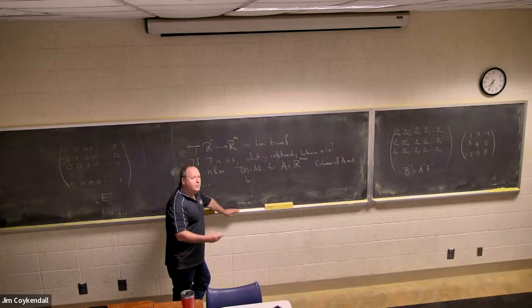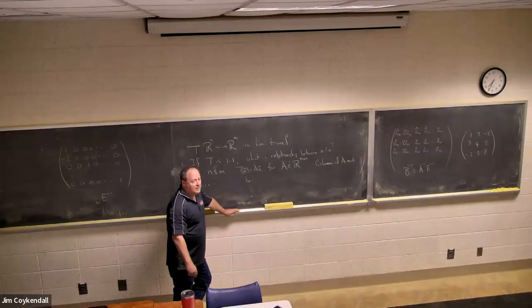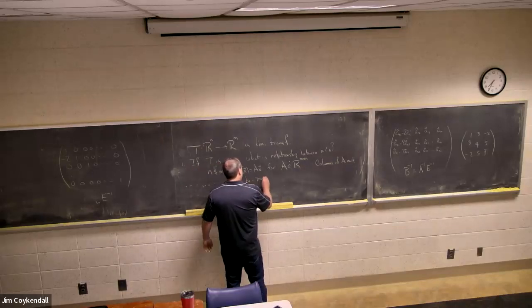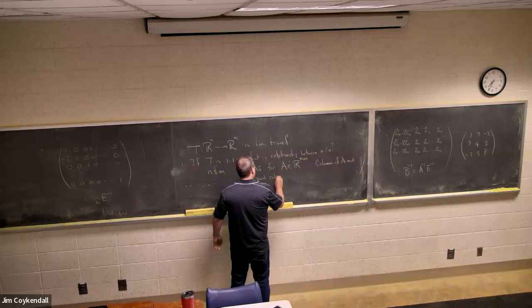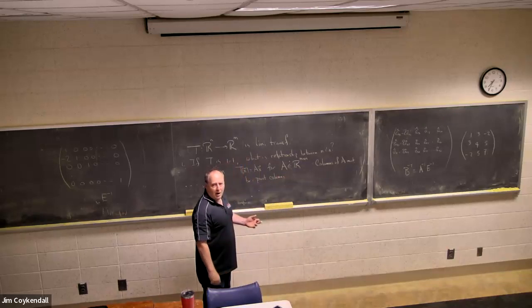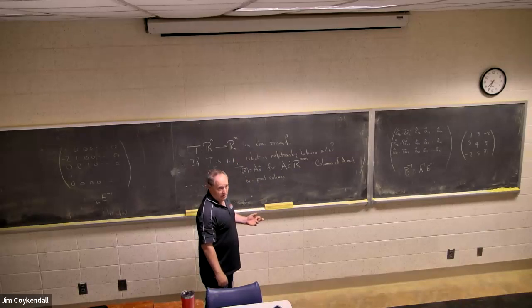That's right. There are many ways you can say this. Columns all have to be linearly independent for it to be 1-to-1. Equivalently, the columns all have to be pivot columns. So the number of columns cannot exceed the number of rows, right?